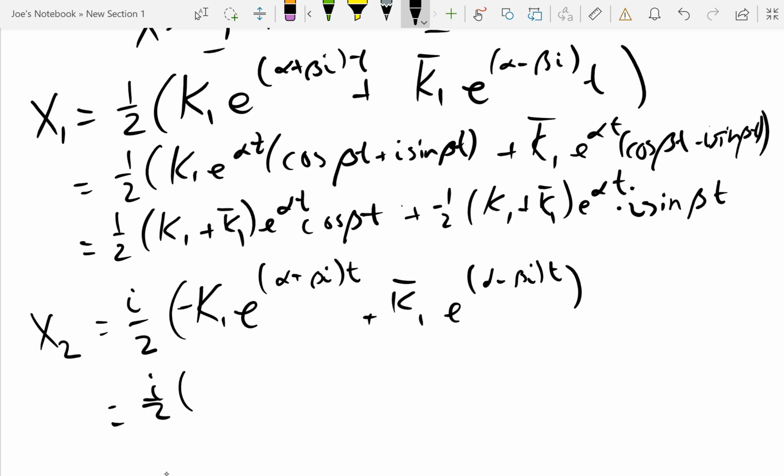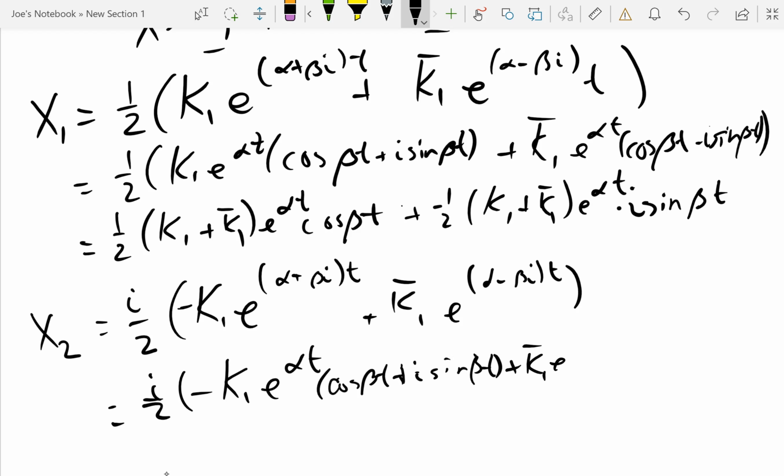So this would be negative k1 e to the alpha t cosine of beta t plus i sine of beta t plus k1 bar e to the alpha t cosine of beta t minus i sine of beta t. Notice the idea behind putting this negative in front of the k1 is basically to try to get the other ones to cancel out, if you will.